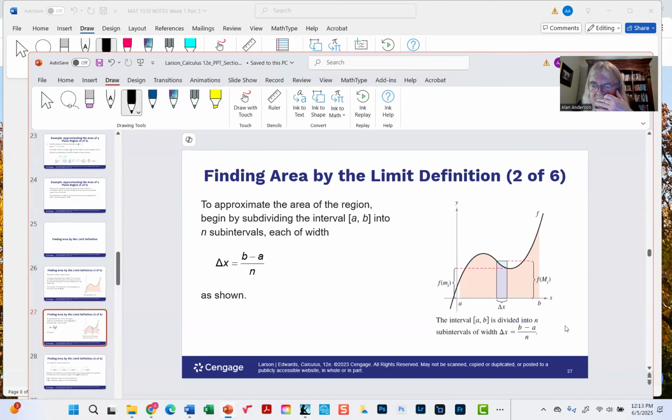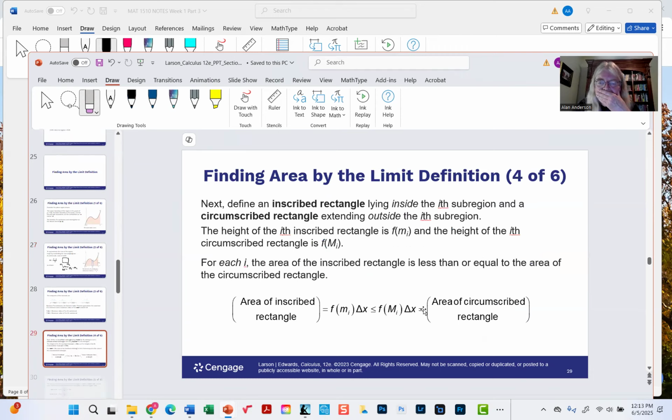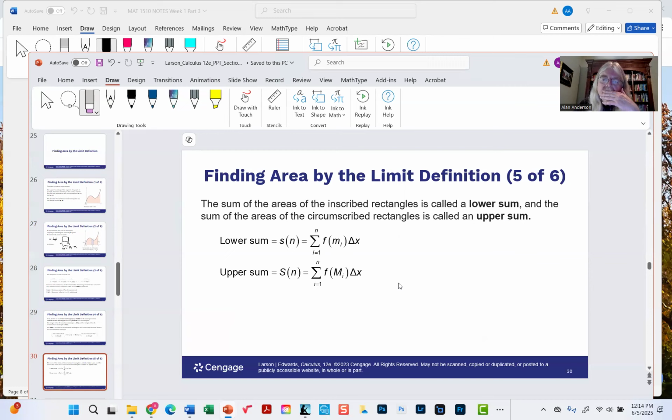Okay. So these are the endpoints. And this is what we were saying before. You've got the sum that comes from the left hand, or in this case, we're calling it a lower sum.